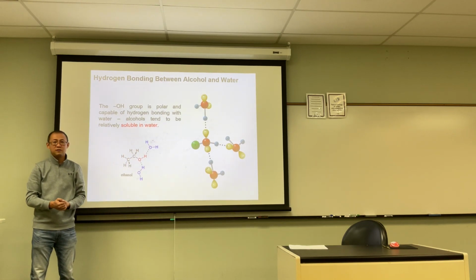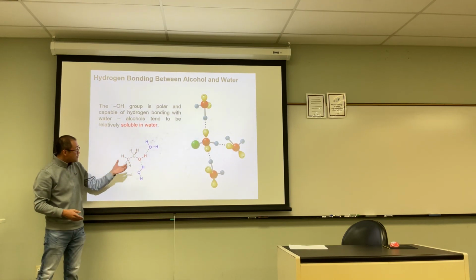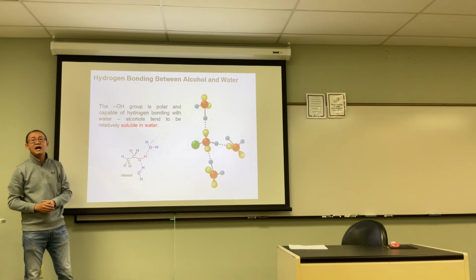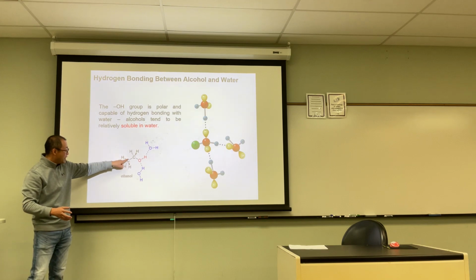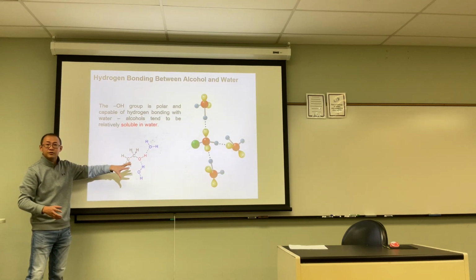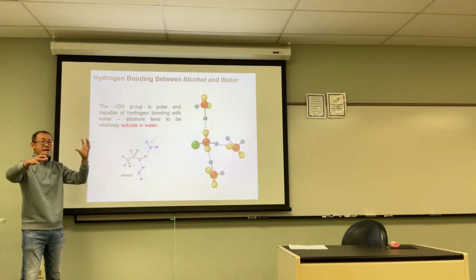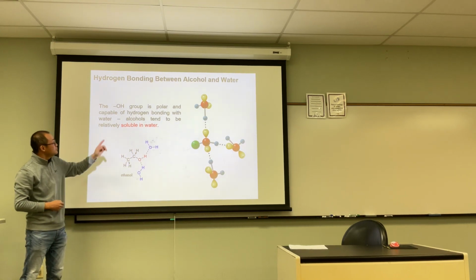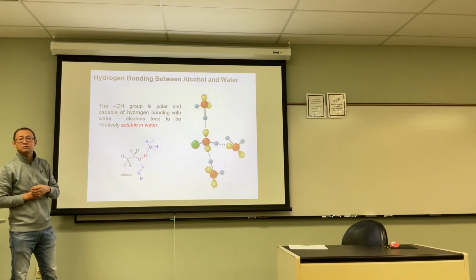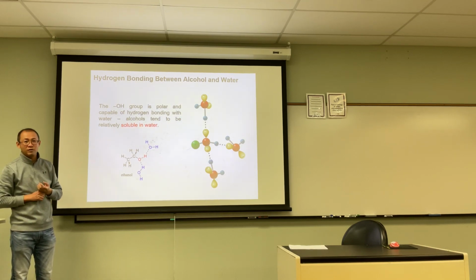polar. Okay, they're polar. And because of these hydrogen bonding interactions, a lot of them, this only shows one alcohol and two water molecules. You have a lot of molecules actually interacting with each other. And because of that, alcohols tend to be water soluble.